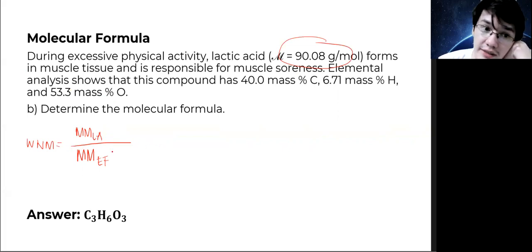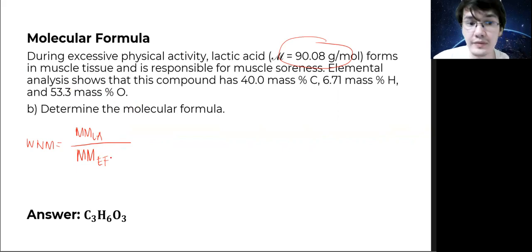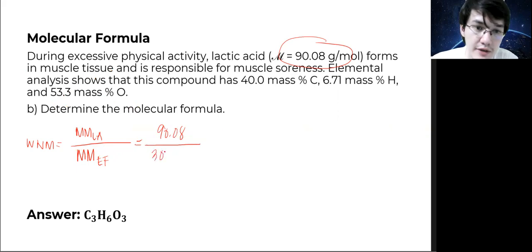Then we divide it by the molar mass of the empirical formula we have determined. So using this, we have 90.08 grams per mole over 30.03. So this is equal to 2.99, which is just approximately 3.